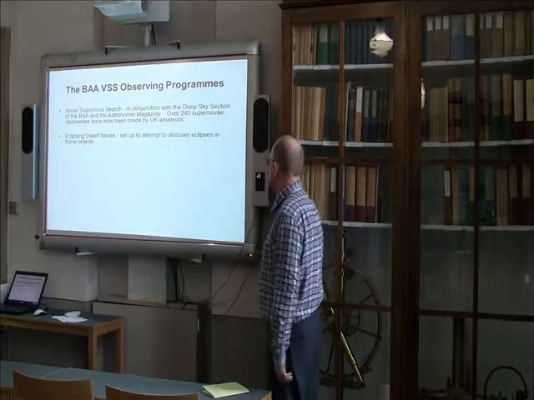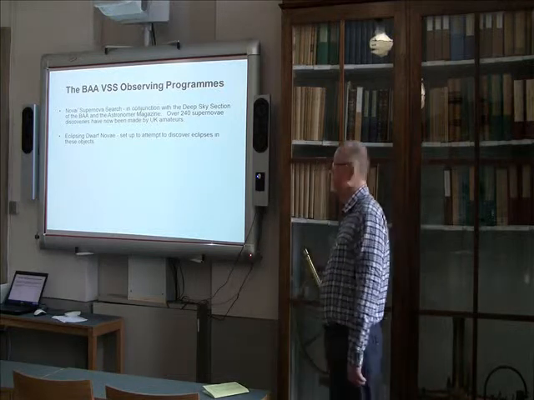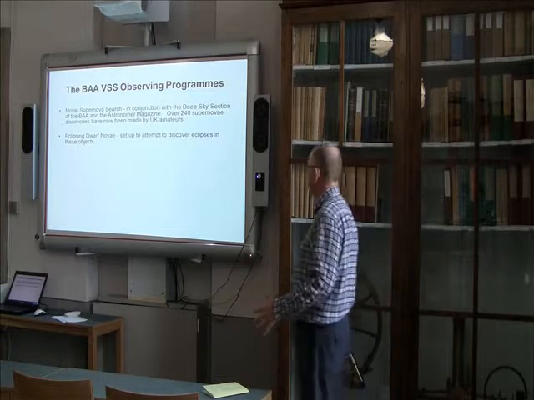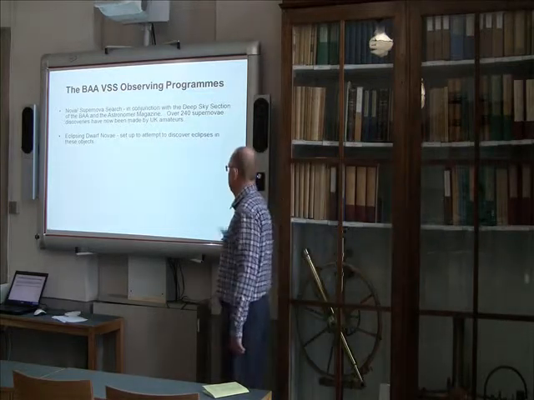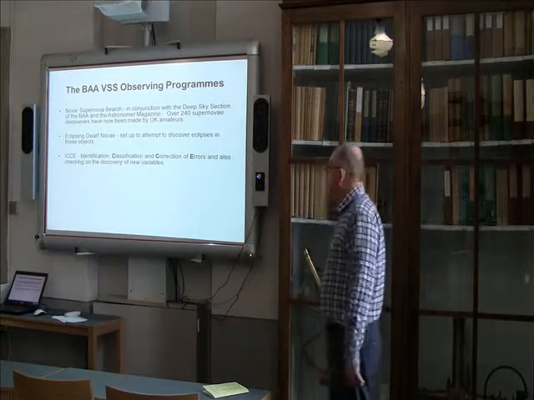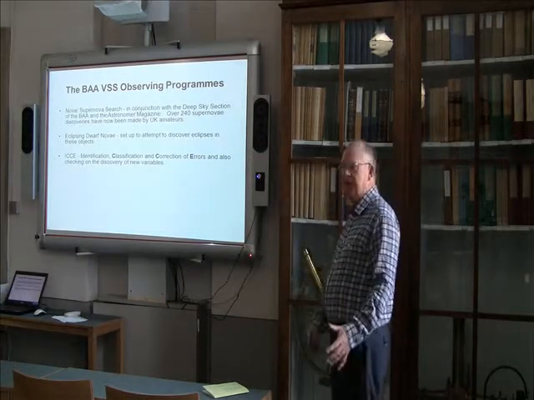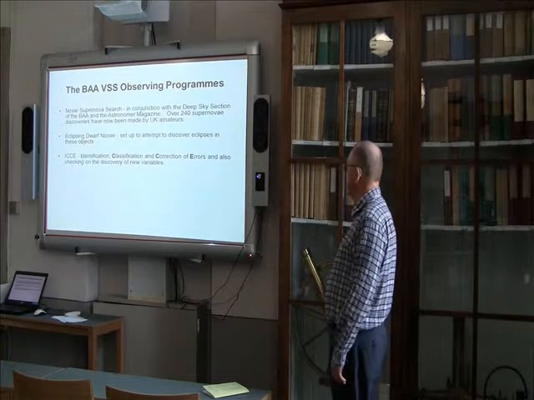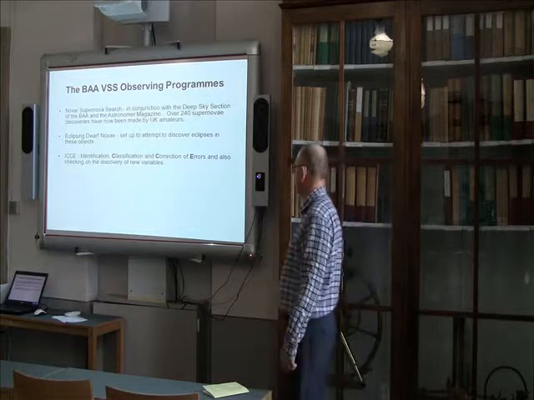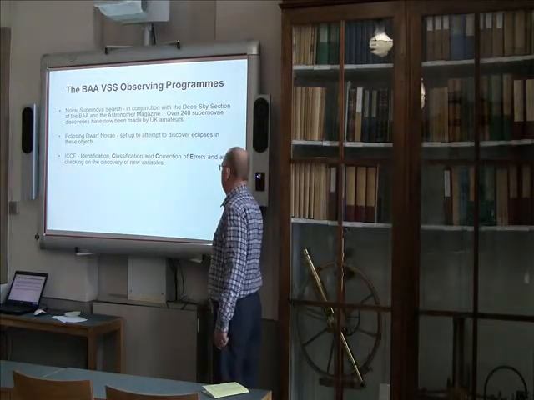Eclipsing dwarf novae, we've set up an attempt to discover eclipses in these objects. Identification, classification and correction of errors, and also checking on the discovery of new observers, new variables.